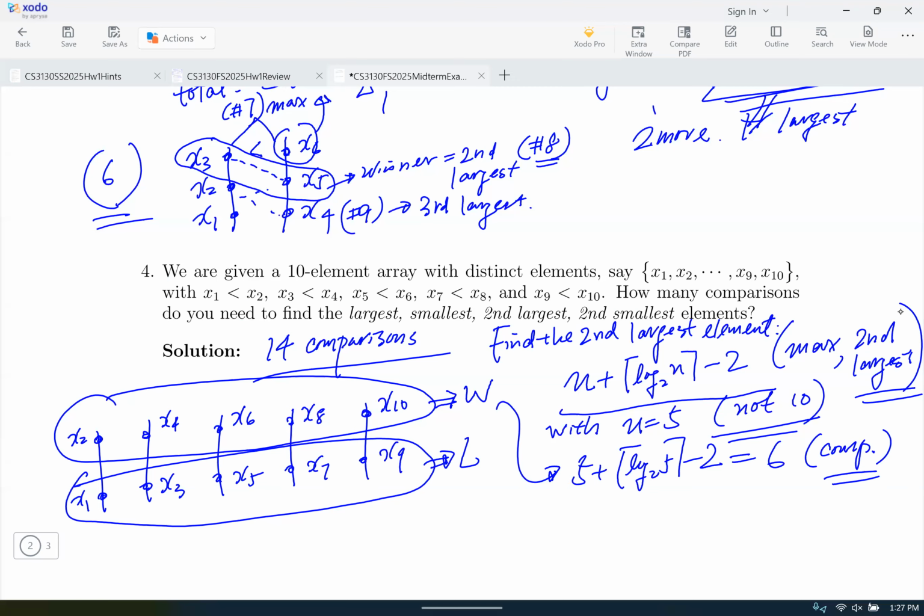Max is the global max, but the second largest is the local largest. Remember in our homework assignment, for the second largest you need to do one more comparison to get the global second largest. So you add one more for the global second largest.